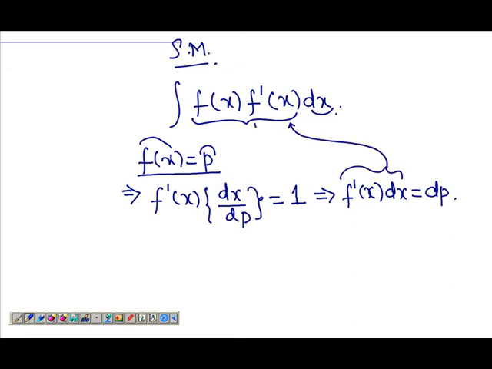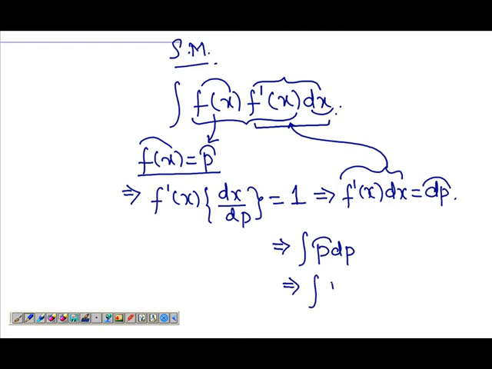I have f dash x d of x here, so I can replace f of x by p, since that's what I've taken, and I can replace f dash x d of x by dp. So what I get here is p dp, which I already know the integral of, and that's simply p squared over 2.